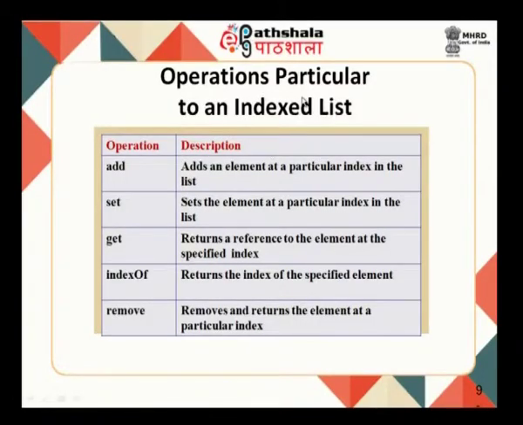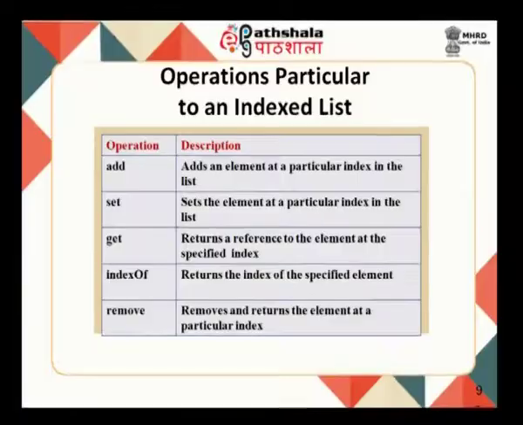For example, operations that are particular to index lists are: add an element at a particular index in the list, so you have to give the position where you want to add. Remember, in the first case you just gave an element and it was put in its correct position. In the second, the unordered list, you have to put it after 1, or after 2, or after the last, or after a particular element.